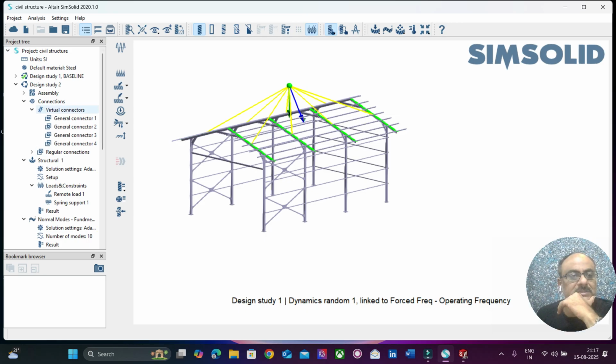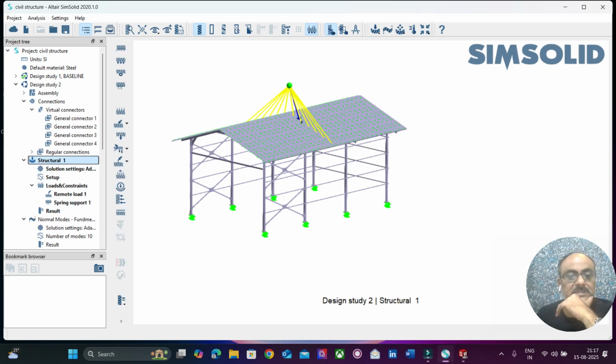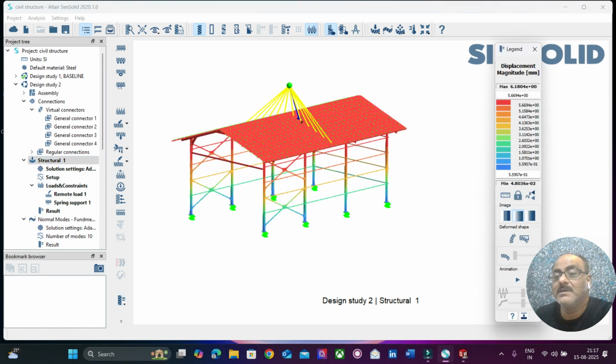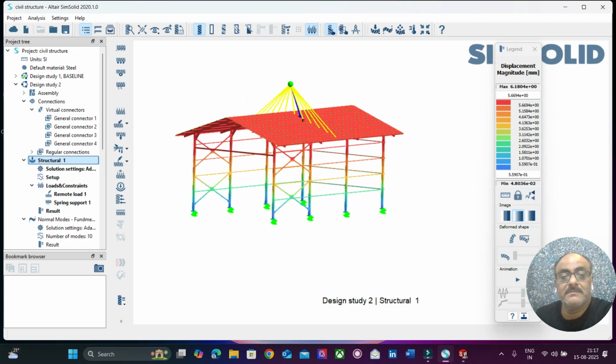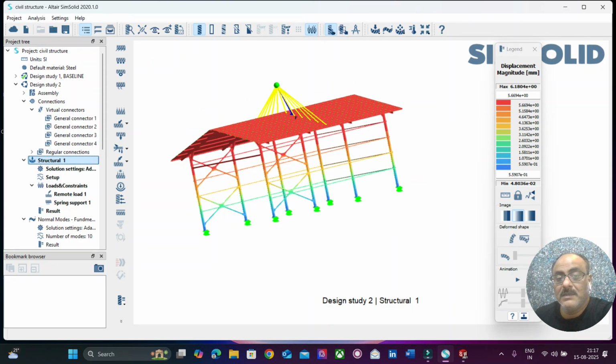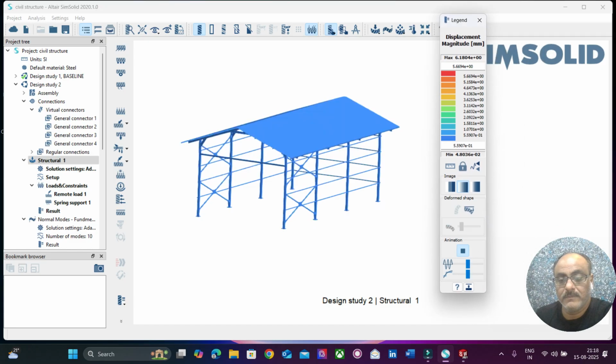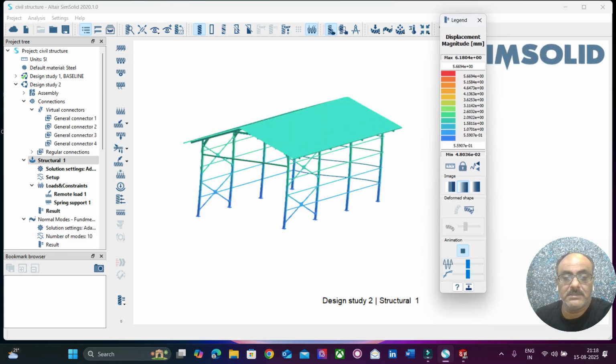And now the situation is going to be something like this. A structural simulation is performed, and once the structure is roofed, this is how the structure is going to deform.